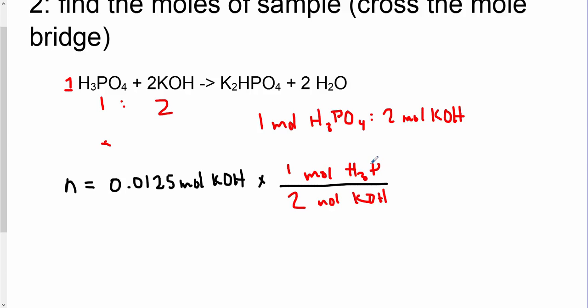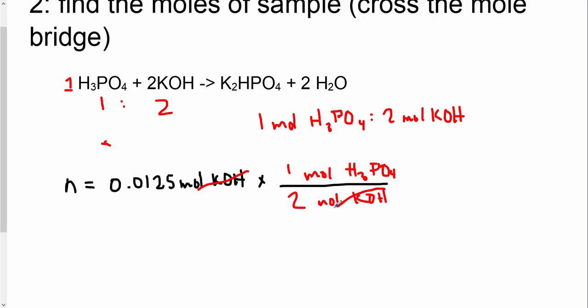Essentially, when we look at it in the reaction, half as many moles of phosphoric acid are required for every mole of potassium hydroxide, or basically there's twice as much potassium hydroxide required for this balanced chemical reaction. So we know how many moles of potassium hydroxide we added, so the moles of phosphoric acid are just half of that. But we can do it as a calculation here to make sense of it. And we're going to cancel out our moles of potassium hydroxide.